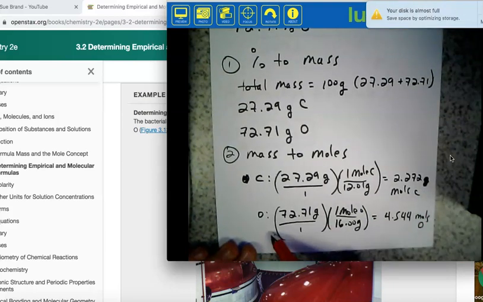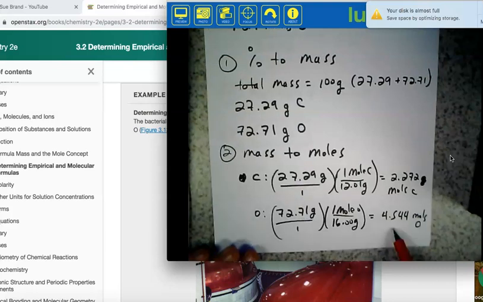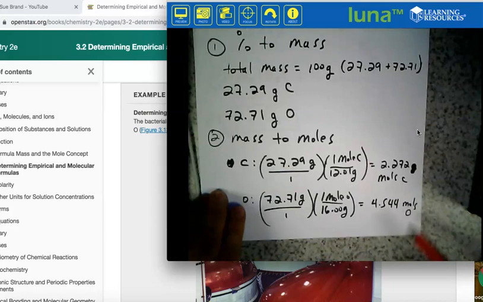We use the same process for oxygen: mass of oxygen divided by average atomic mass of oxygen, and then you get 4.544 moles of oxygen. So we went from percent to mass by basically dropping the percentage off and putting the gram symbol there, and then mass to moles. We converted the mass of each element to the number of moles of each element.